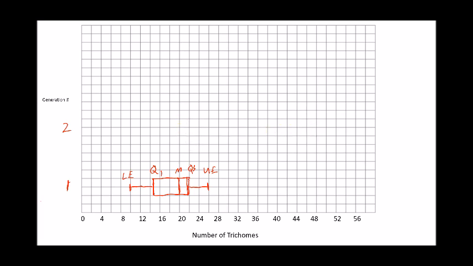Let's start back over with that box. So the box should have started at the Q1, which is 24. So that's Q1, 24. Q3, 42. Connect those up like so.